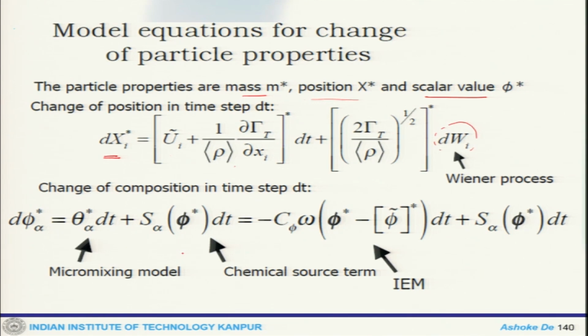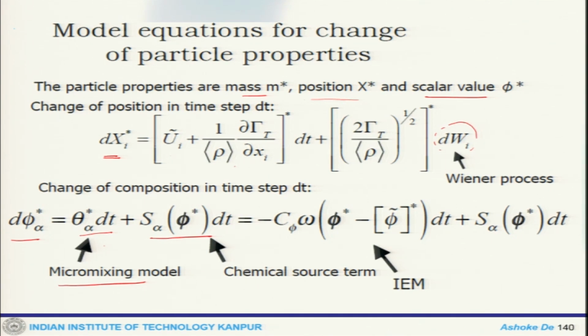Now similarly, there will be a change of composition in time step dt, and that also we can see. This is d phi alpha star, this is the phi alpha dt that is coming from the micro mixing model, and this is due to the chemical source term, which allows the particle to change. There are two components, one is mixing, one is reaction, and the reactions are going to say how much is consumed or produced.